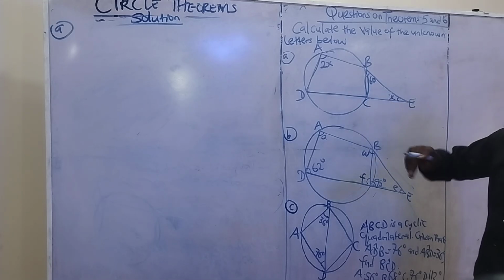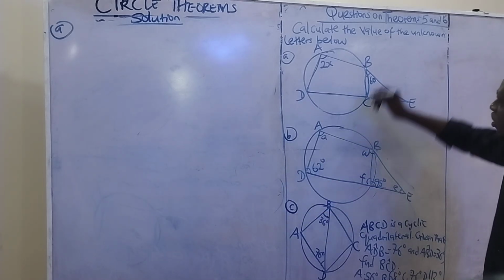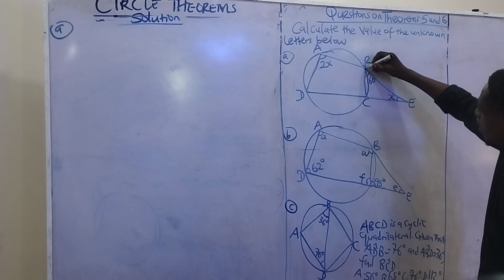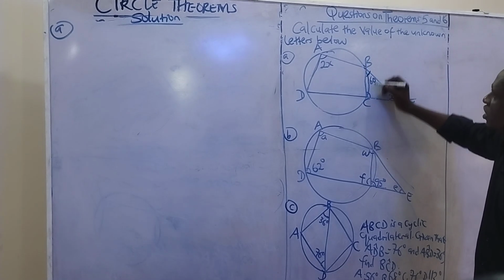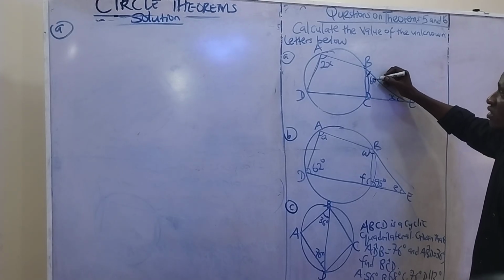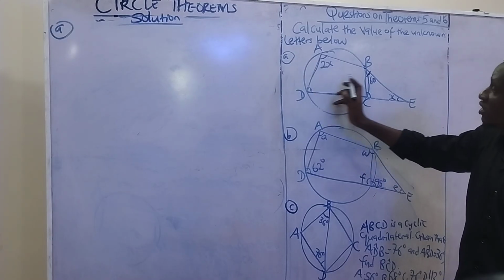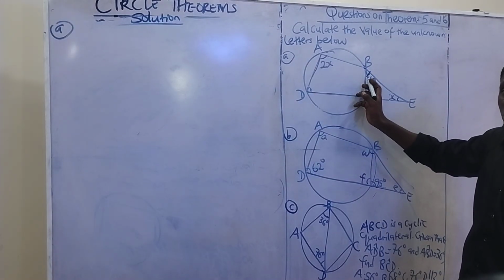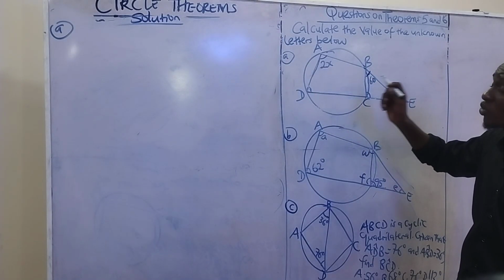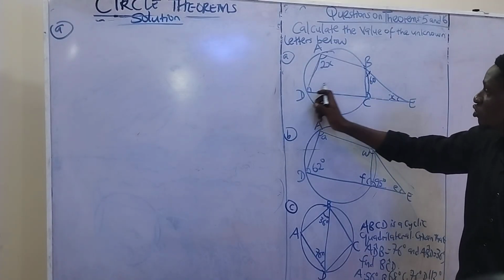There was a theorem I stated, the exterior angle. We have two exterior angles here, from here to here, and from here to here. But let's look at this. It means that if here is 60, here is also equal to 60. The exterior angle of a cyclic quadrilateral is equal to the opposite interior angle, that you go straight here.